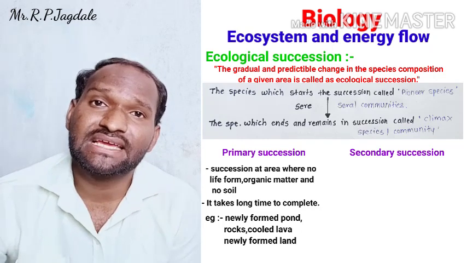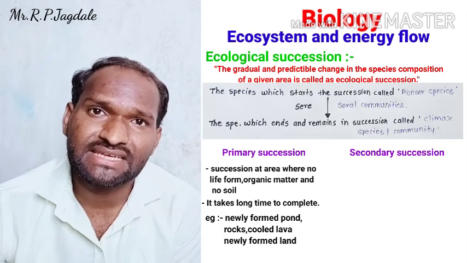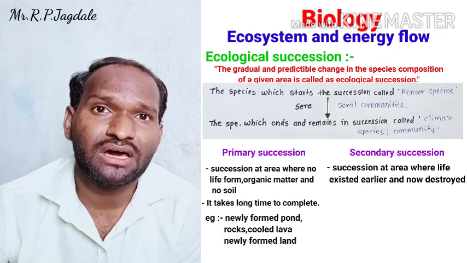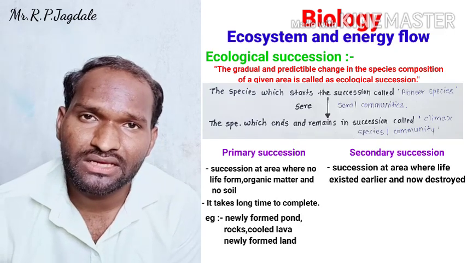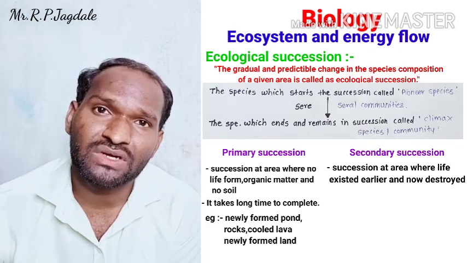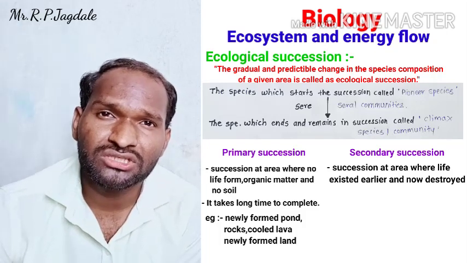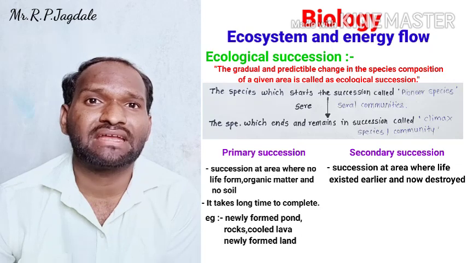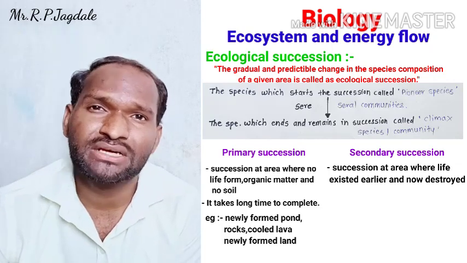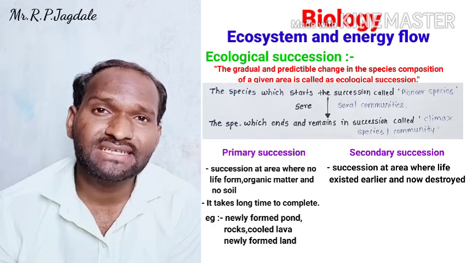Where does the secondary succession take place? Secondary succession takes place at an area where life existed earlier. That means earlier there was life, but due to some accidental or environmental condition, that life was destroyed, and the area became destroyed.